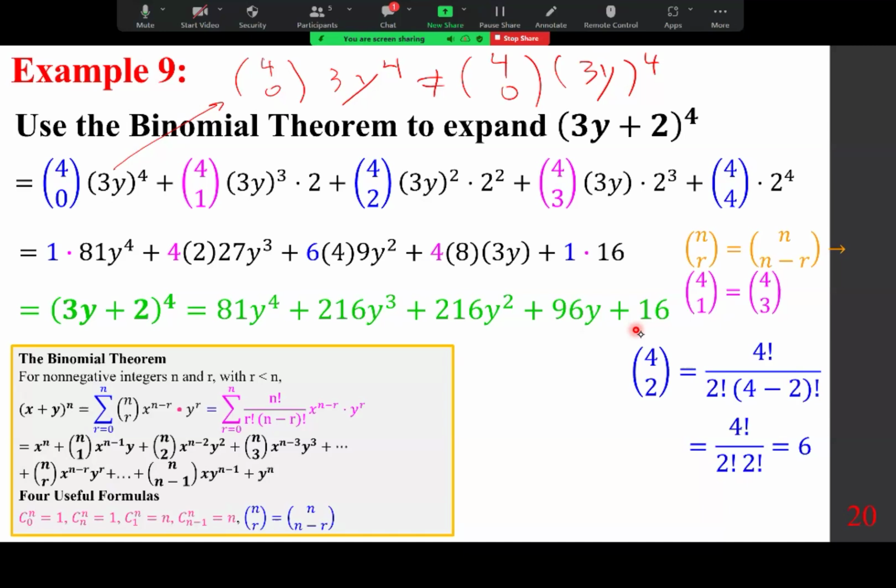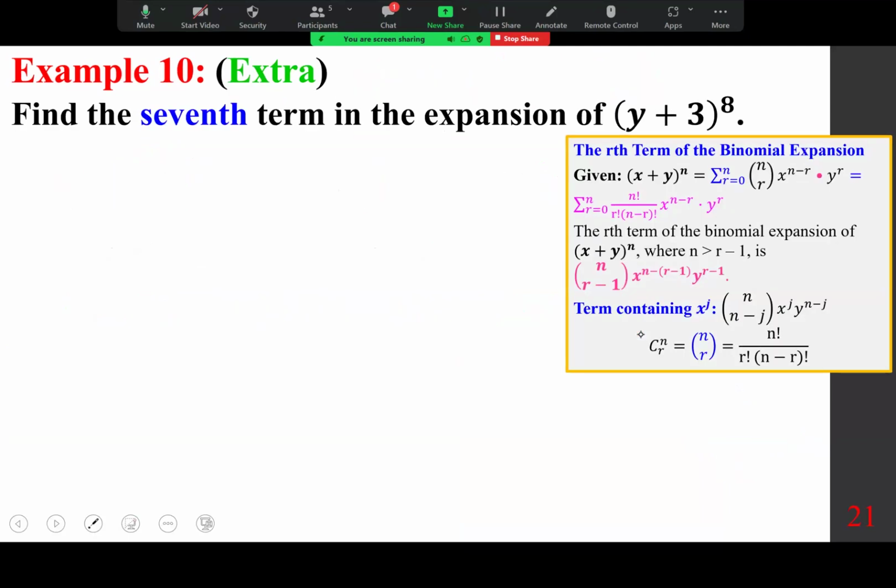Let me just quickly share with you this one also. We want to find the 7th term. And we have two choices. We can go with the formula that I mentioned here. n is 8, r is 7.